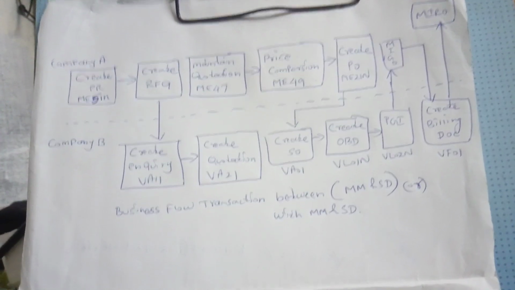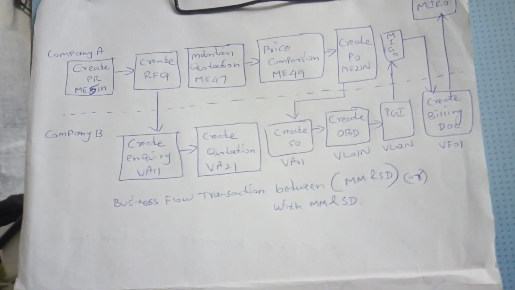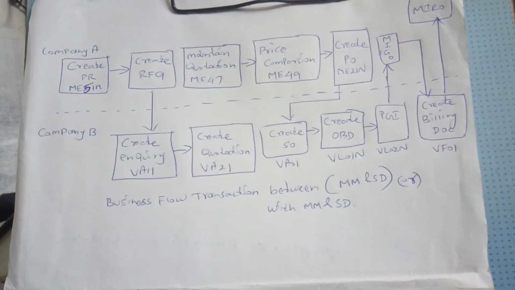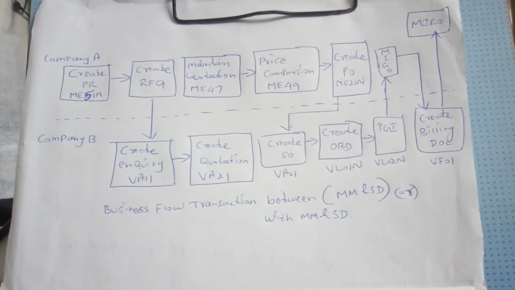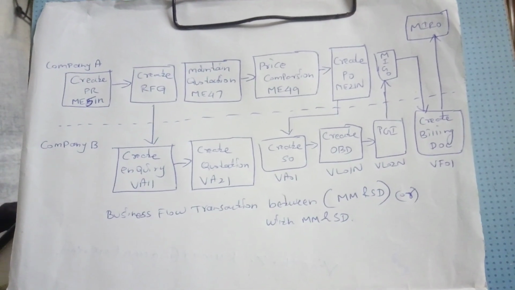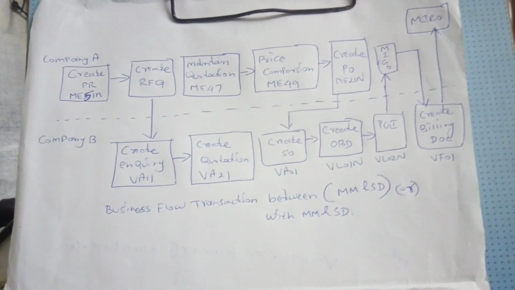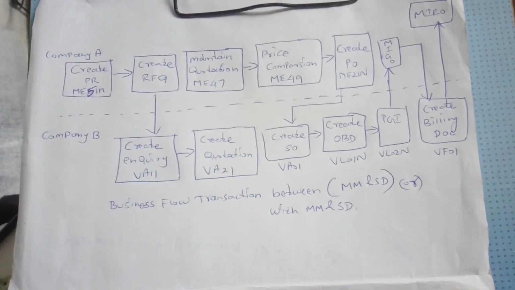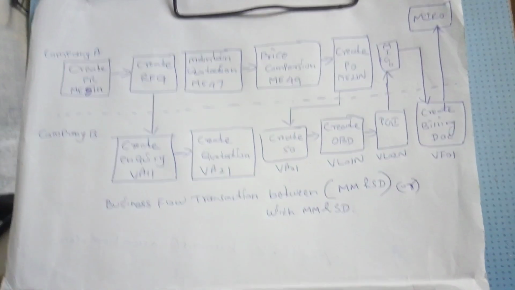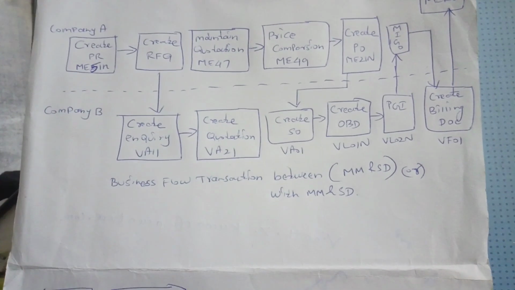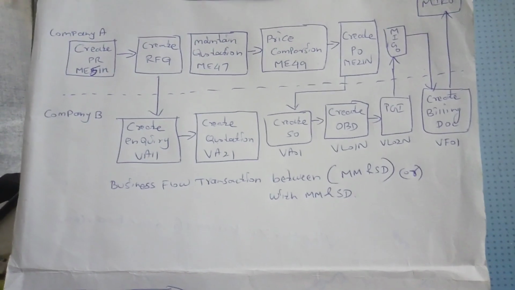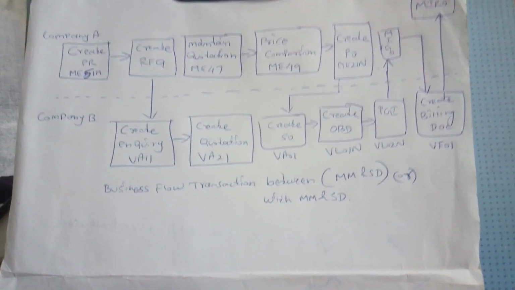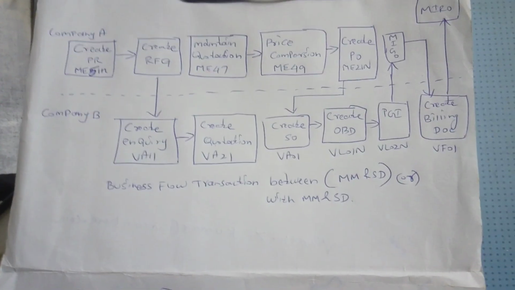When the material is ready to be delivered, so now they are okay with supplying the material to the customer, he can create the outbound delivery document in SAP SD module in the VL01N transaction. I have maintained create OBD, nothing but an outbound delivery document, in VL01N.